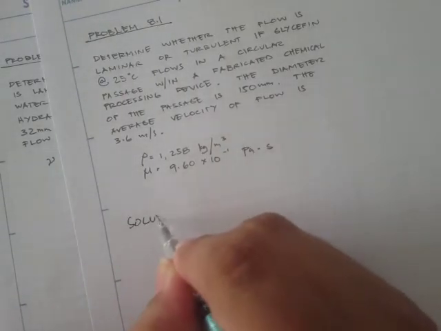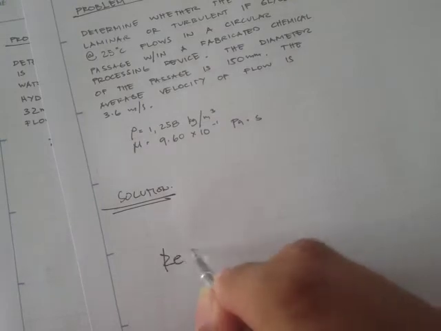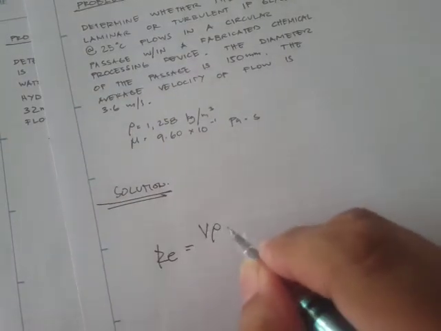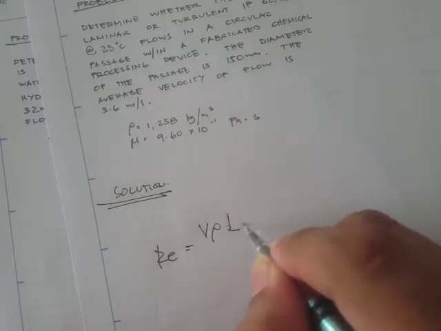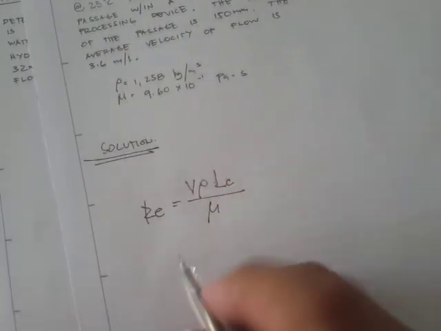For the solution, the equation for Re is simply the velocity times the density times the characteristic length, which is the diameter, divided by the viscosity.